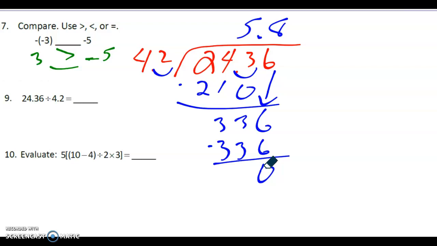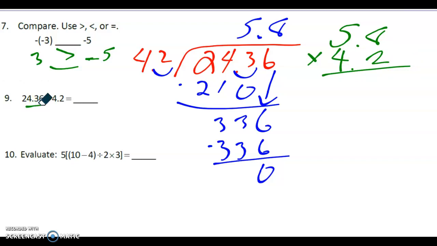Now, if you would like to check your work, you know that you will use the inverse operation. The inverse operation of division is multiplication. So I could multiply 5.8 times 4.2, and it should give me 24.36. 8 times 2 is 16, that's 6.